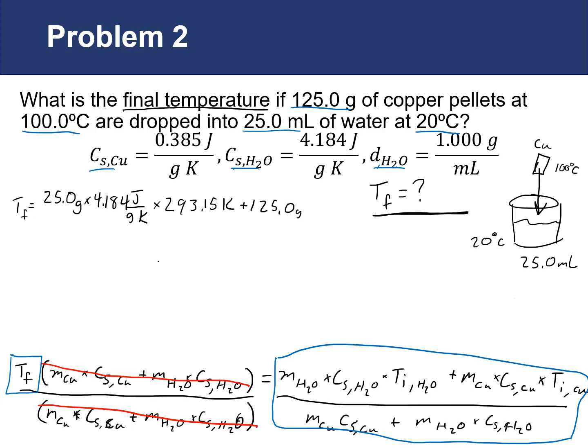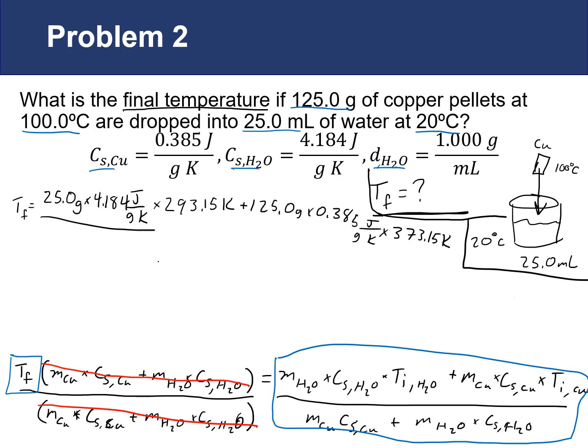plus mass of copper, 125.0 grams, times the heat capacity, 0.385 joules per gram Kelvin, times our initial temperature for copper, which is 100 degrees Celsius plus 273.15, so that would be 373.15 Kelvin, and that was from our original drawing.